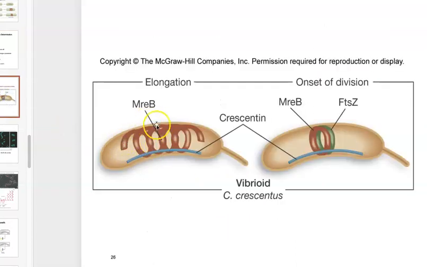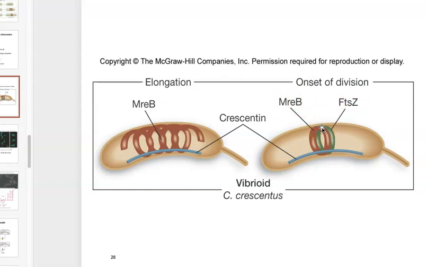So here's the MreB, and then this crescentin here that gives this guy the ability to be Vibrio shaped, a slightly curved rod. And again, the significance of this is who knows, but it may be to facilitate pretty rapid motility, just for aerodynamics. I'm not sure.